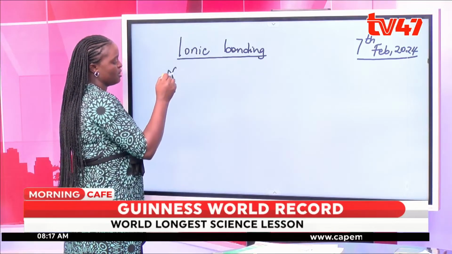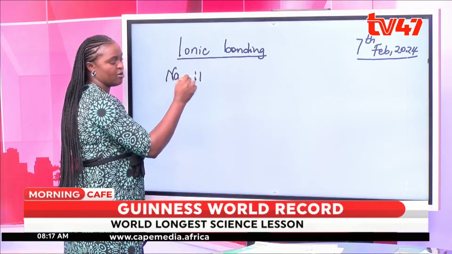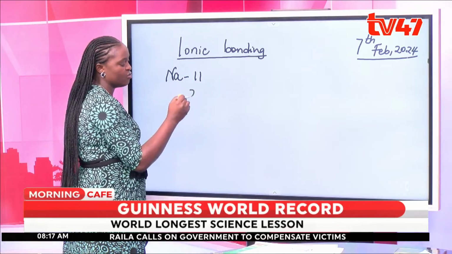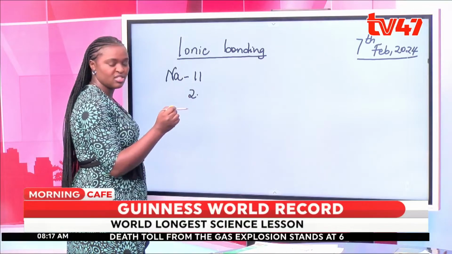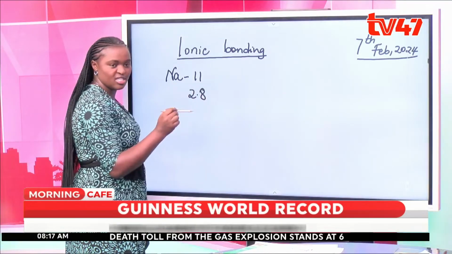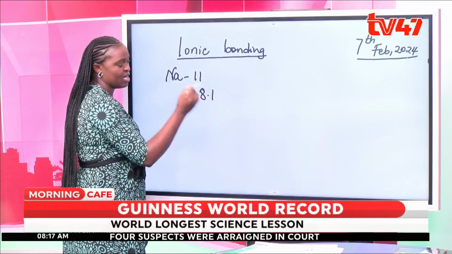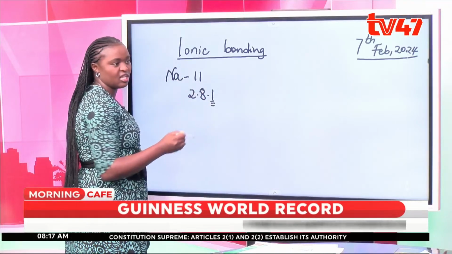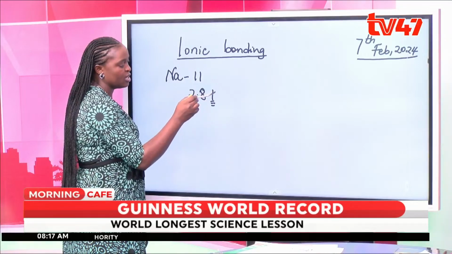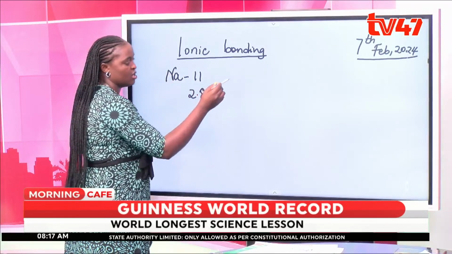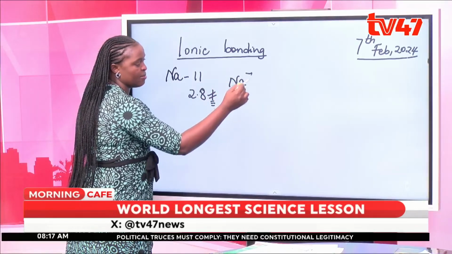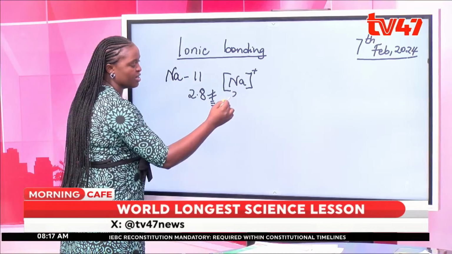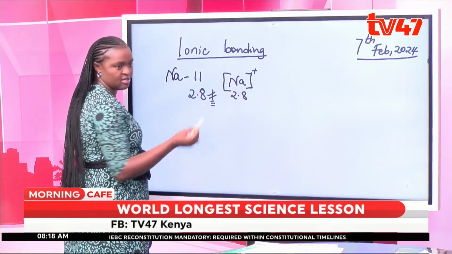Sodium has an atomic number of 11, meaning it has an electron configuration of 2 electrons in the first shell, 8 in the second shell, and 1 in the third shell. This indicates that the third shell is unstable, so we need to lose this electron to have a sodium ion with an electron configuration of 2, 8.